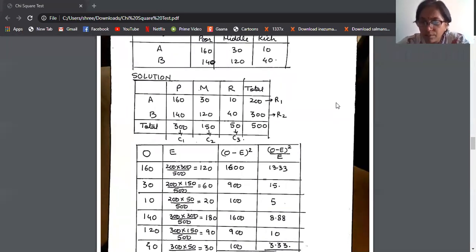Now the remaining two columns, that is O minus E the whole square and O minus E the whole square divided by E. Again 160 minus 120, which is 40. 40 square is 1600. Find out those two columns.